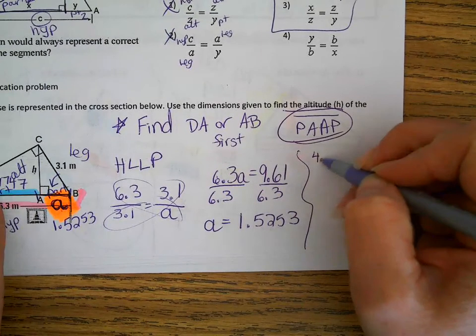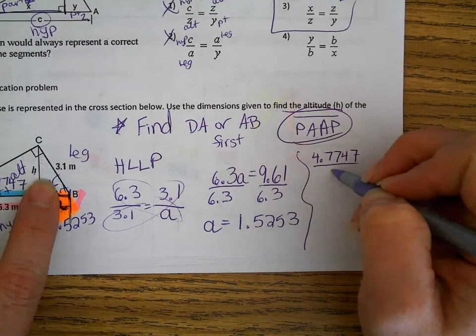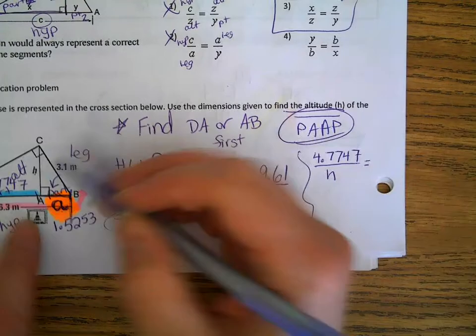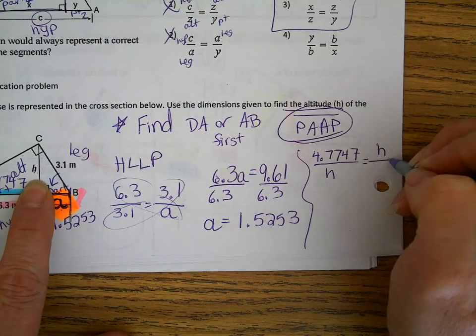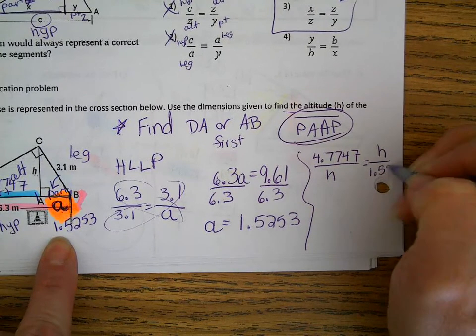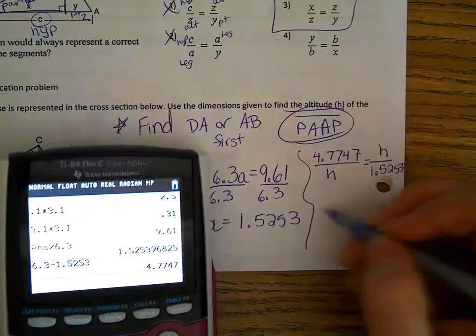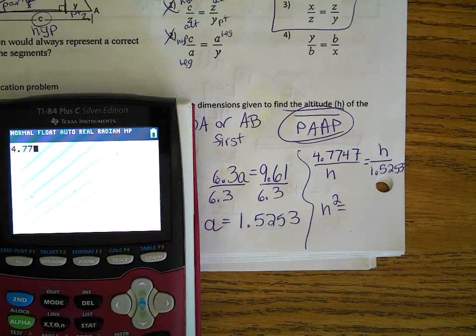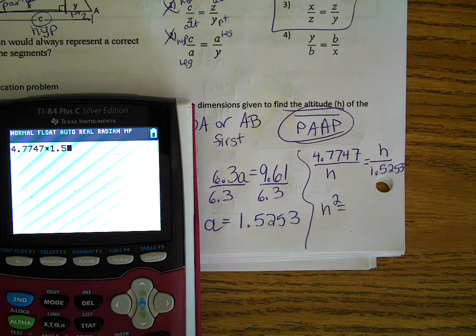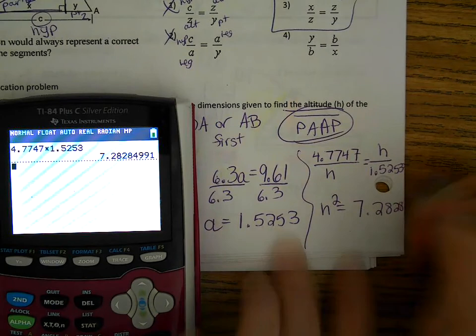That this part 4.7747 over our altitude h equals altitude h over our 1.5253. So cross products, h squared equals 4.7747 times 1.5253 gets you 7.2828.